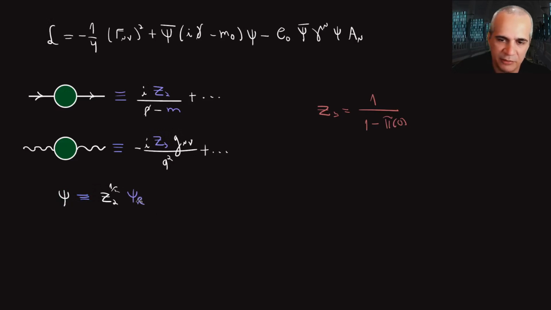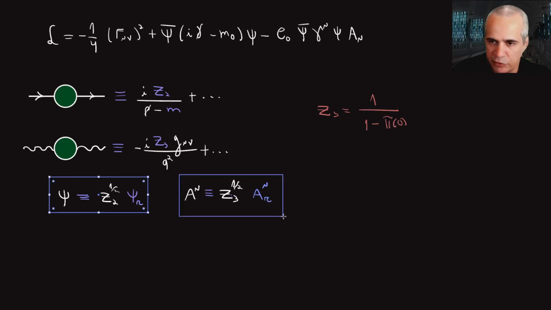And these r's will go away pretty soon, but for now, let's keep them there. I use a little r. And the same for the photon. I'll just redefine A mu and exchange it for Z3 to the half of A mu renormalized. So this is the new guy I'm defining with this expression.